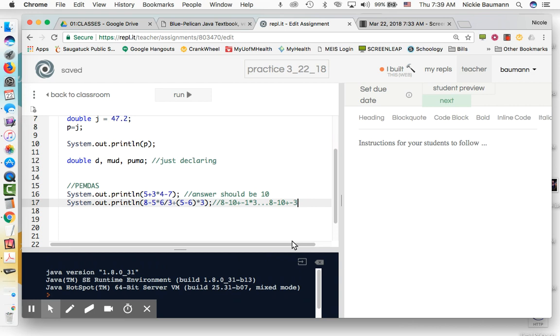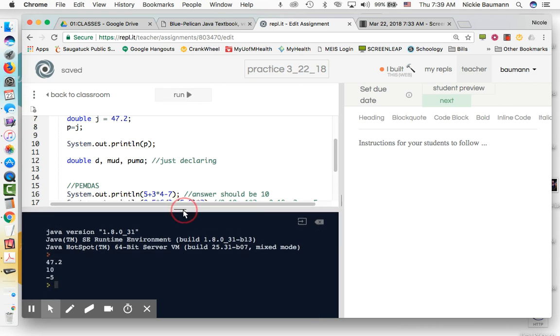Negative 2. Negative 2 plus negative 3 is, the answer should be negative 5. So let's check our work. And there's our answer. Awesome.